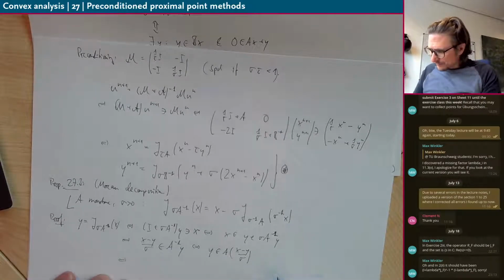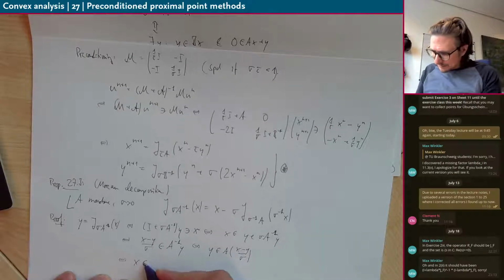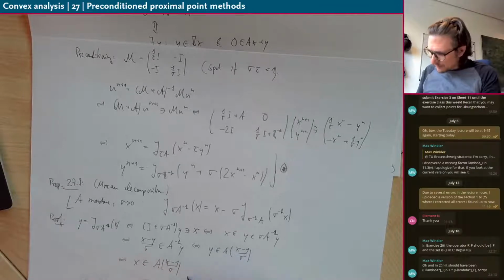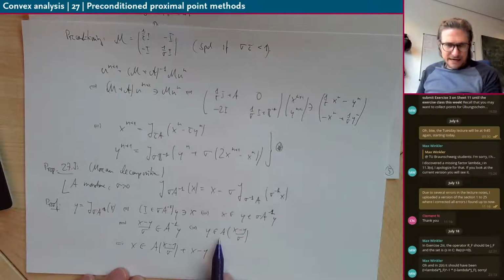So what we do is plus x minus y, and we get x is contained in A of (x minus y) divided by sigma, plus x minus y.